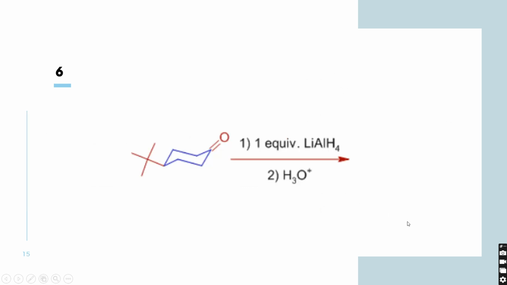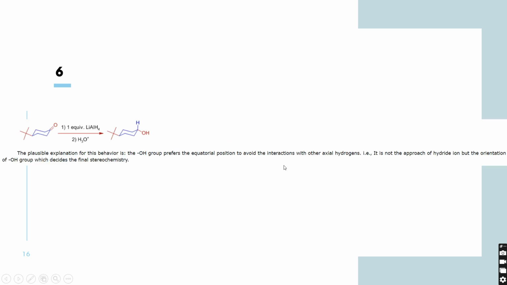Then we saw this lithium aluminum hydride reduction question, where we saw that the newly formed product's stability was dictating which will be your major product, axial hydroxy or equatorial hydroxy. And we saw that hydroxy, which will be in the equatorial, is giving you the more stable product. This is why you will get this product as the major product.